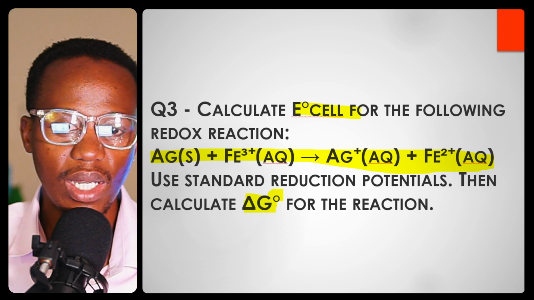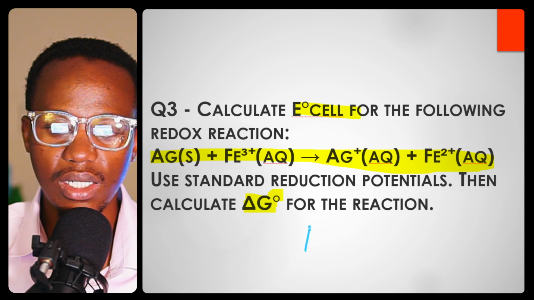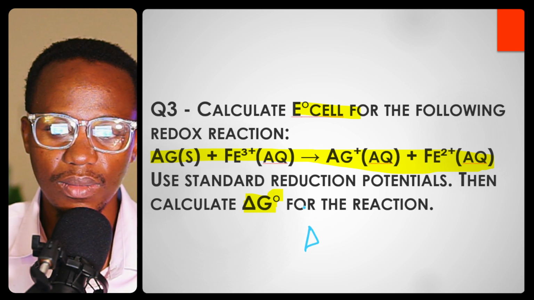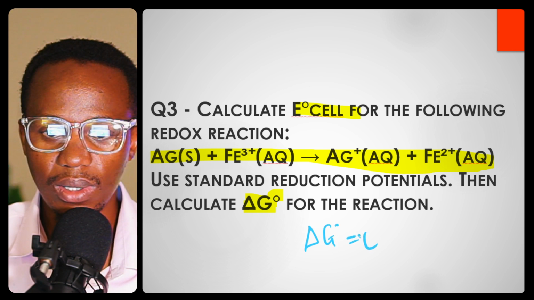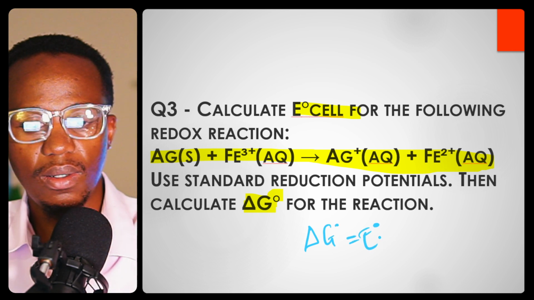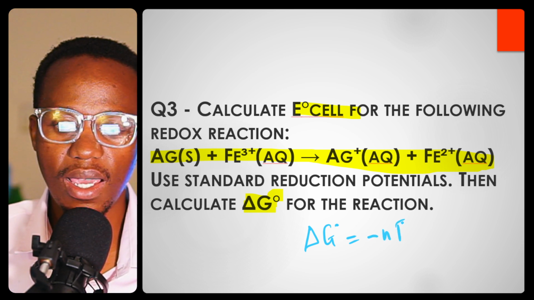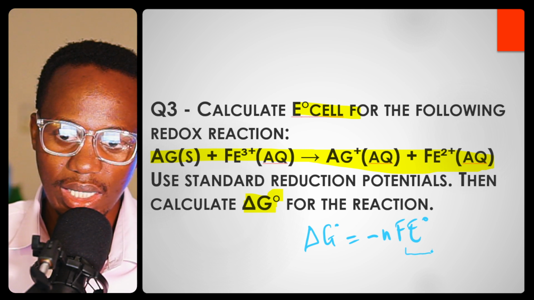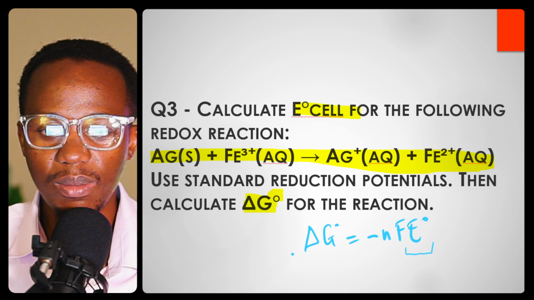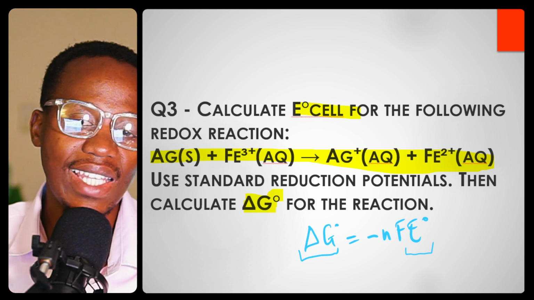So again, the equation we use is delta G is equal to negative NFE standard. Now, realize that we're using E standard here, meaning that we're using conditions at standard.